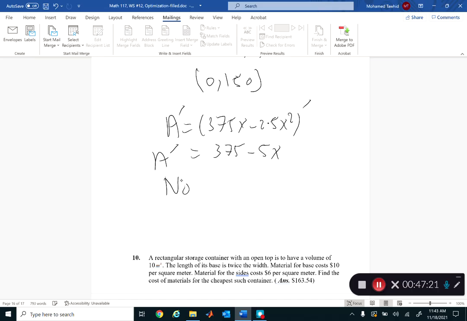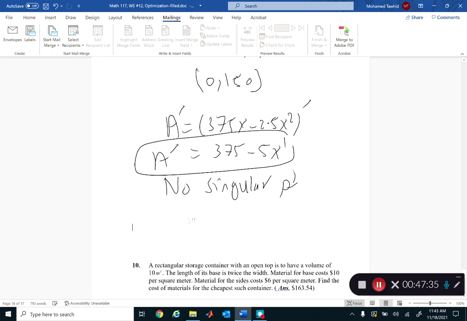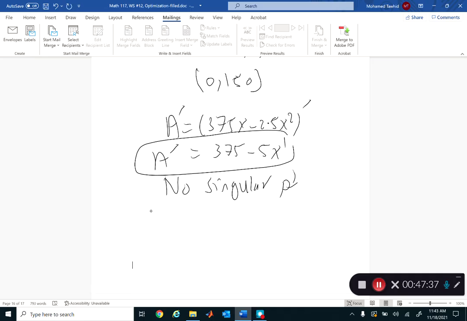It's very clear, no singular point. Why no singular point? Because this one here is a polynomial of degree 1. So now there is no singular point, right? Do we have a stationary point? Yes, a stationary point takes the derivative equals 0. So you have 375 minus 5x equals 0.